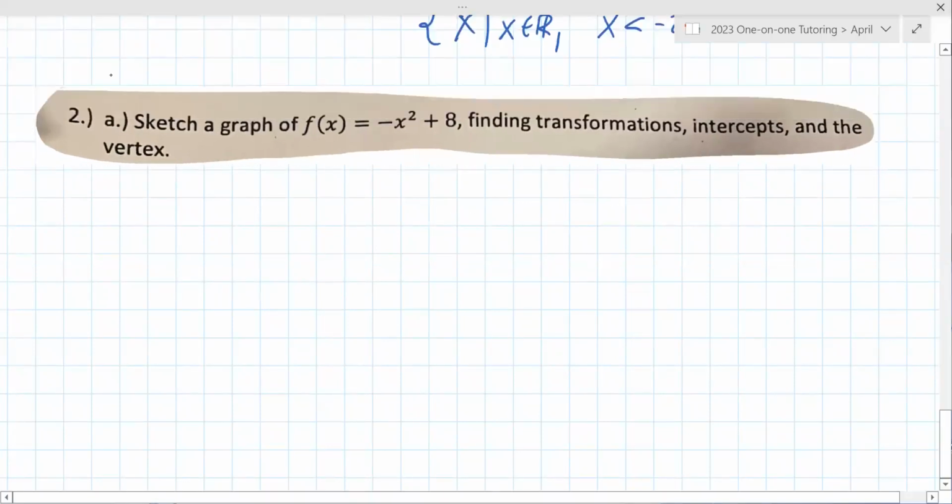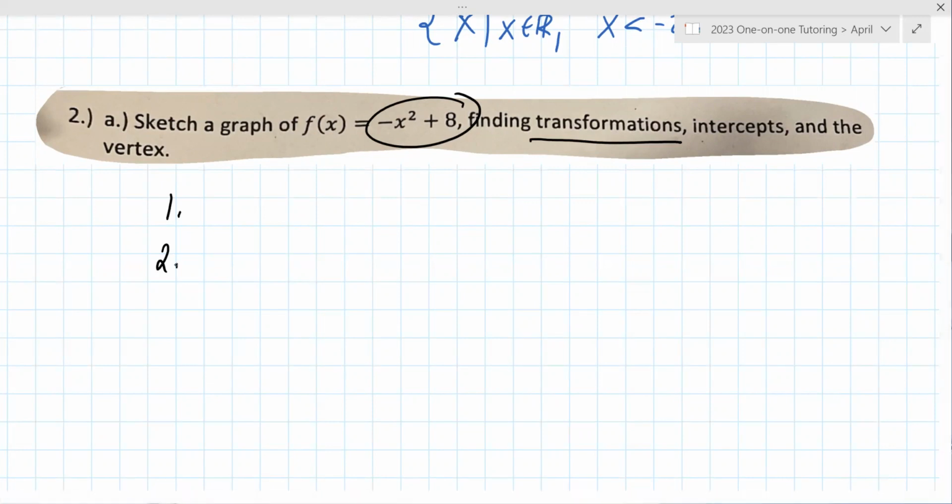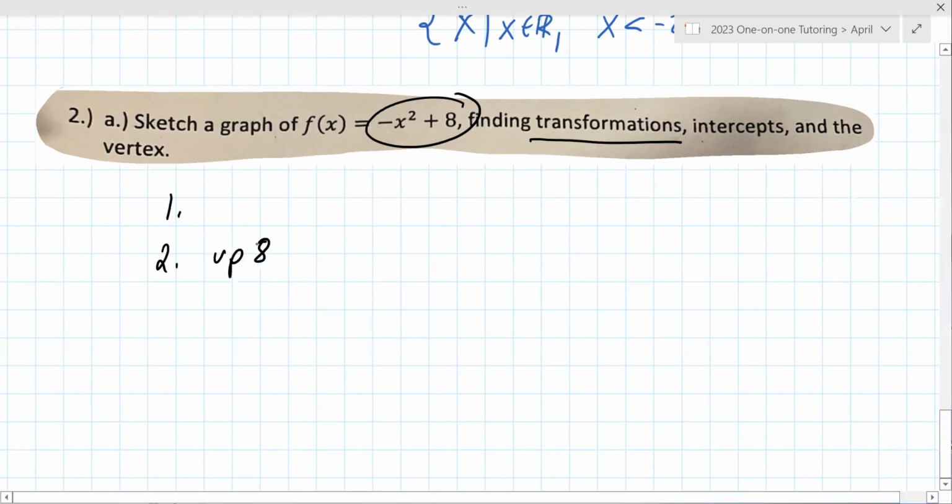Okay, this thing right here, minus x squared plus 8. We'll start with the transformations. There are 2 transformations. Can you tell me either of them? I'll take them in any order. Go up 8. And the minus x squared, what does a minus do?